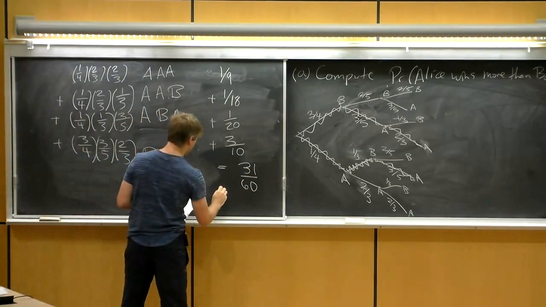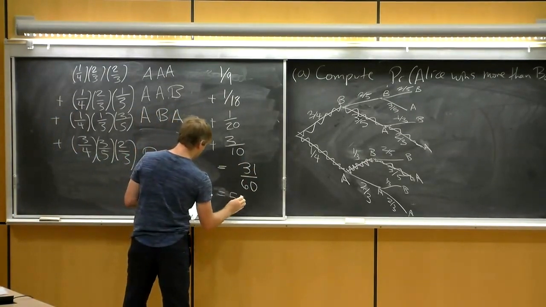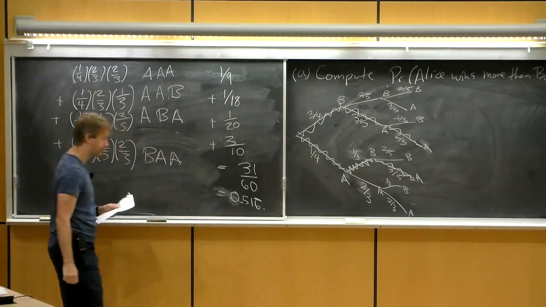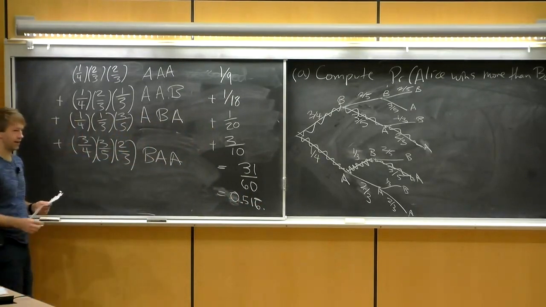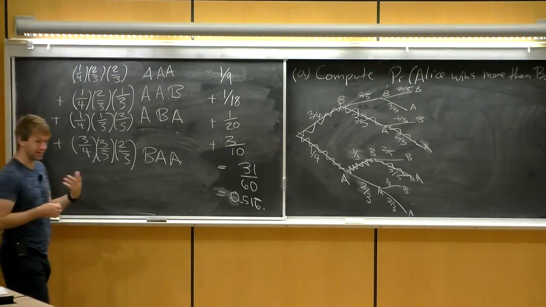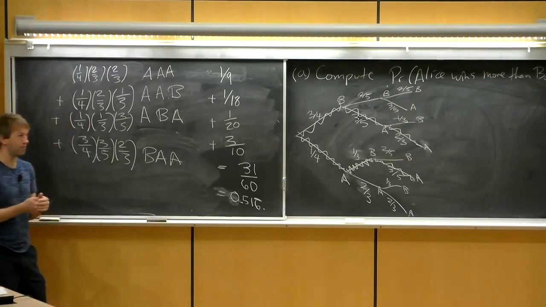So it's approximately 0.516 repeating. Okay, so even though she's probably not going to win the first round, she's got a little bit more than 50% chance of winning the whole thing, winning more than Bob.